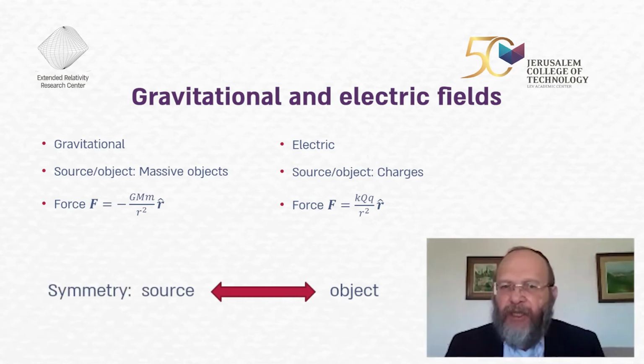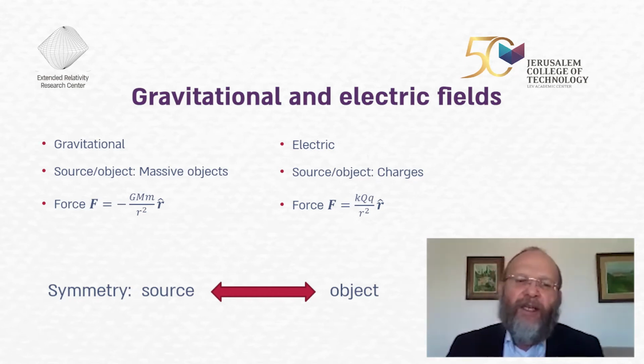So we see both look very similar, and there's a symmetry between the source and the object. You can replace the object and the source, and the formula will be the same. It's the product of the capital M and small m, and here capital Q with small q.